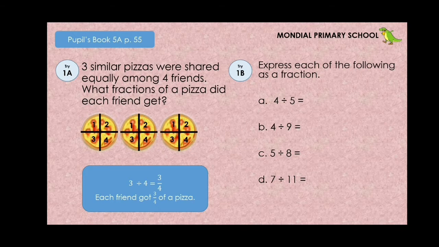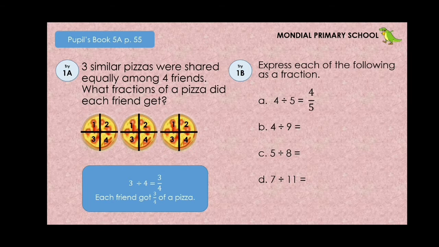Look at try 1B, part A. You have whole number division here. What you have to do is just write them as fractions like this. 4 divided by 5 or 4 out of 5. Okay? It is easy, isn't it?